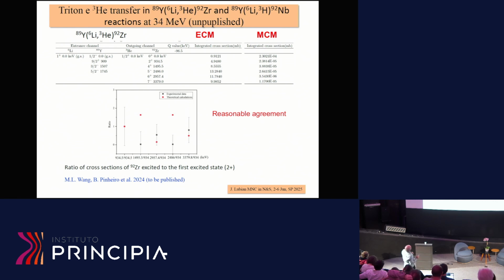In this case, you have the triton transfer. Here is the comparison between the extreme cluster model and the cross-section obtained for different states. When you use the microscopic model from shell model calculation, we calculate the spectroscopic amplitudes, and we see that the agreement with the experimental data is quite reasonable.